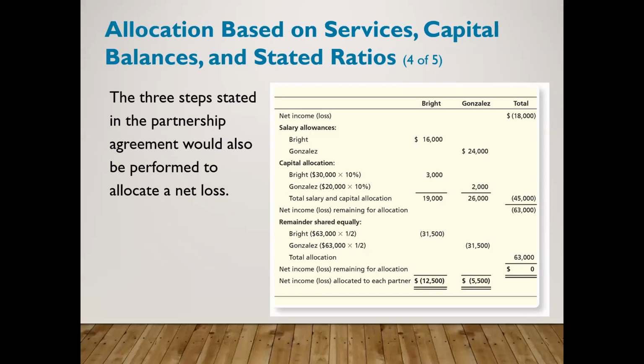Now, because the partnership agreement has 3 steps, the allocation of net loss also goes along with all 3 steps. So per the partnership agreement, Bright will receive an allocation of $16,000. This would be the salary for extra work that she has done for the partnership.